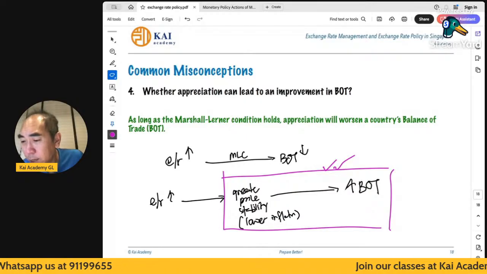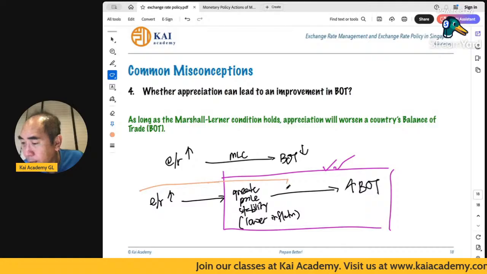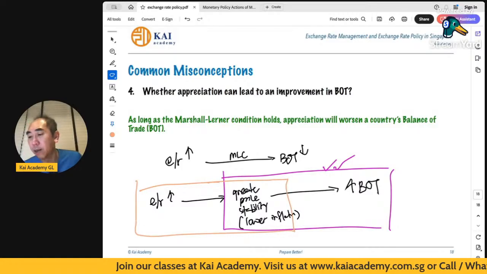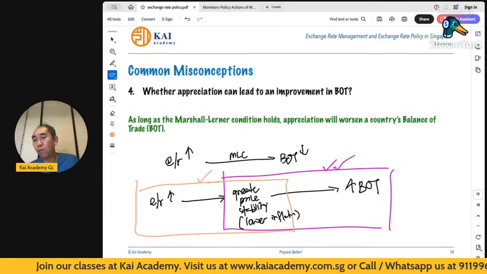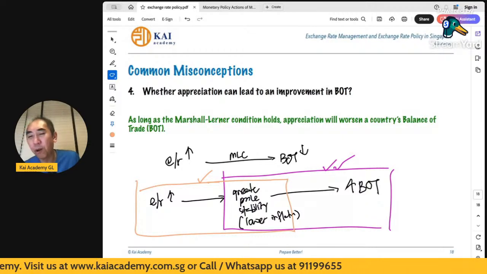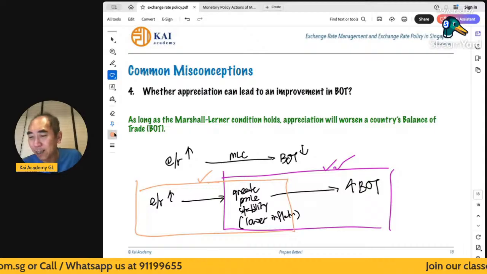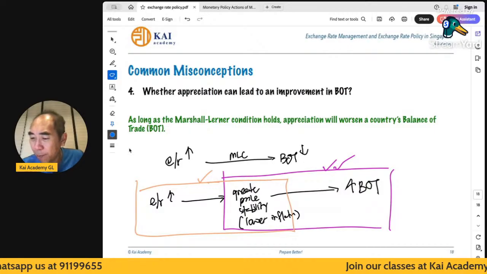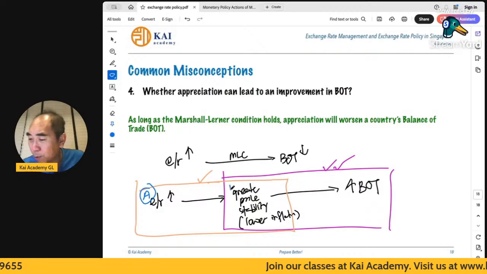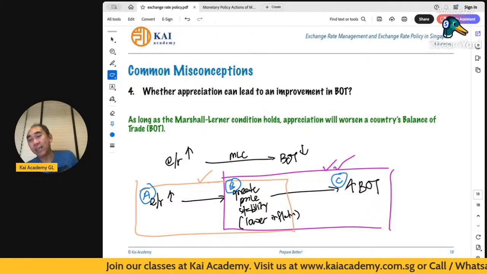But then students start to recognize that when I appreciate my currency, it leads to lower inflation, right? There is again nothing wrong with this logic as well. So when you have a higher, stronger currency, you have a lower rate of inflation. So then if A leads to B, and that B leads to C, then it follows that A leads to C, right?